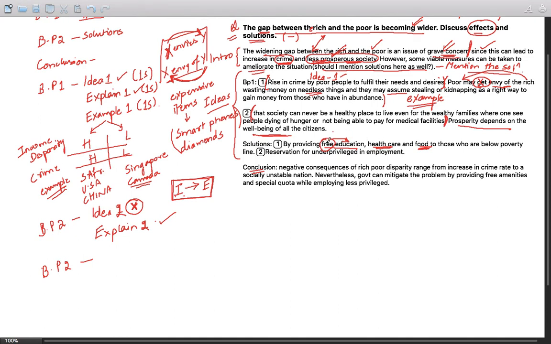So, if the education is free, then what about healthcare? What about healthcare? It has to be affordable. Okay? And what about food? It has to be subsidized.